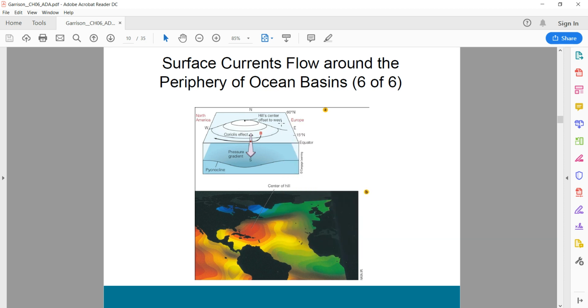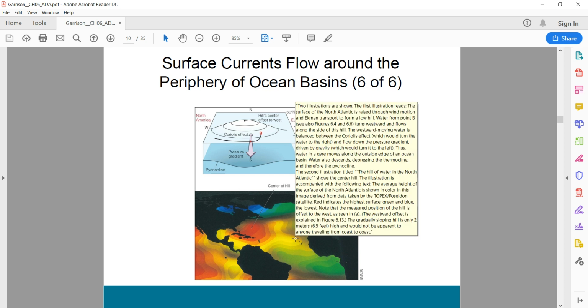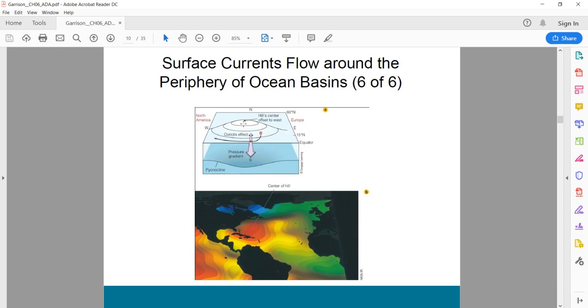So all this surface current will just go around it, and that's why you have this kind of oval gyre shape due to the Coriolis effect, due to the pressure gradient, due to the friction offered by these continental boundaries. So these are the different forces acting here. One is gravity or the pressure difference, another is the Coriolis effect, third is friction due to the continental boundaries.